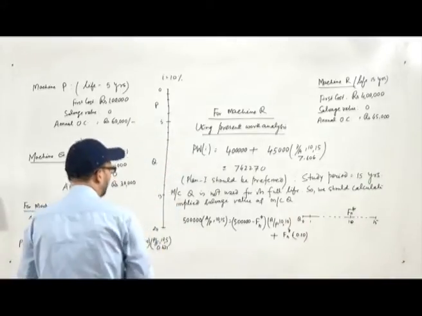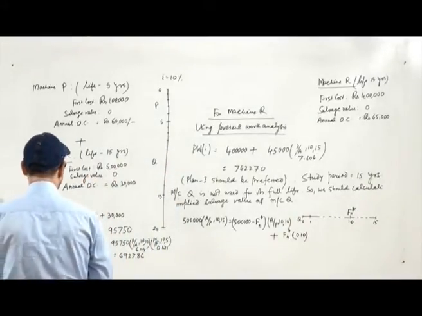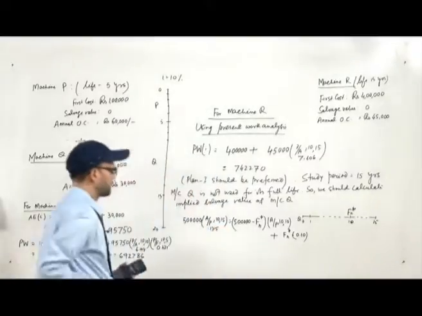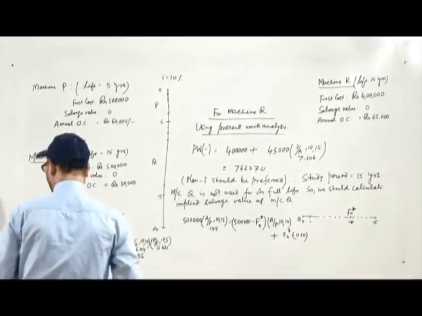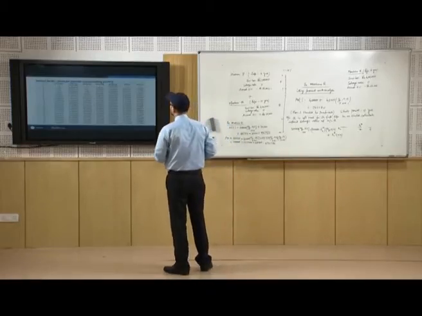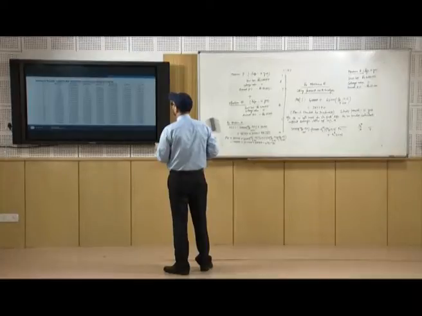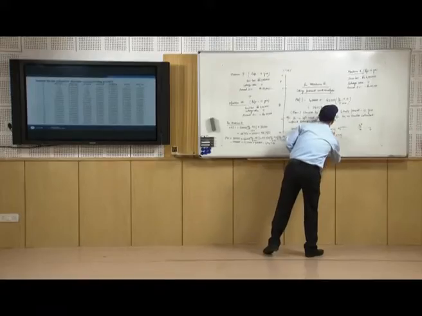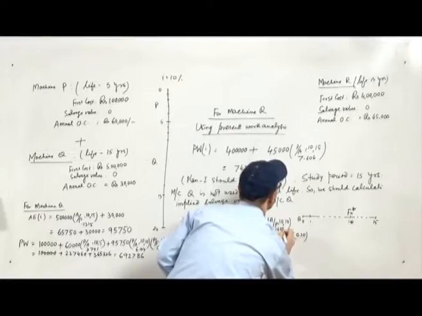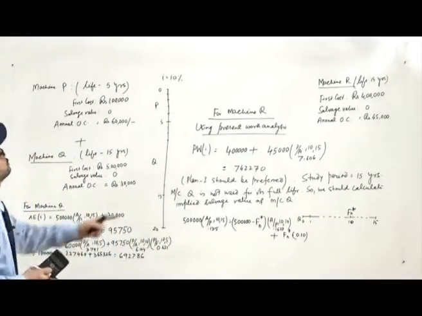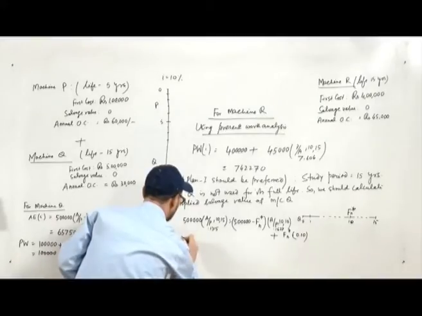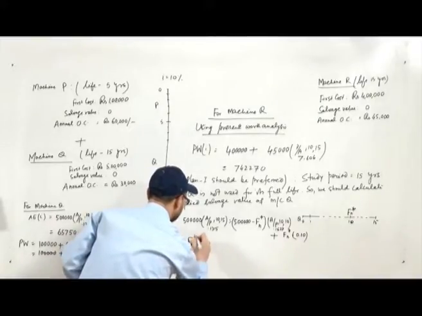Now, A by P 10, 15 as we have calculated is 0.1315, and A by P 10, 10 is 0.1627. So, basically we have to solve this equation. Then in that case Fn star we can get directly.